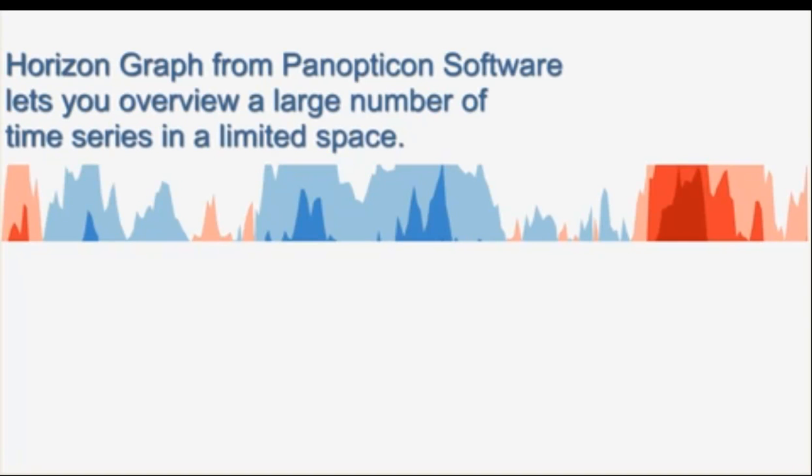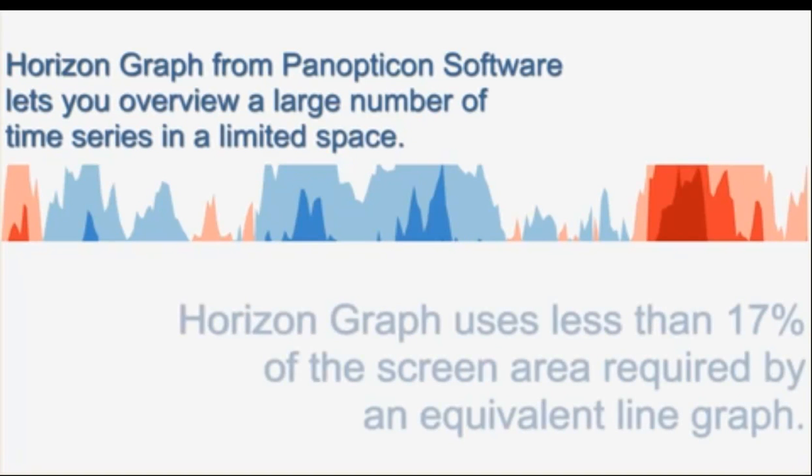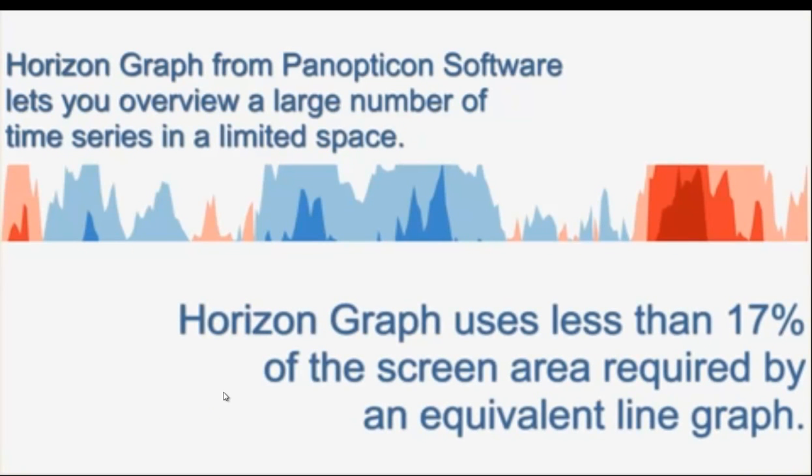Okay, so the idea of this is that it allows you to show more in a smaller space. So you can see, for example, in this region it was very positive. So you just look at the darker color to know what was happening there, I guess. Here you know in this region it was negative, and in this region it was very negative. Okay, so once you get used to it, you can read this, and it shows. You can see that this takes up a lot less space than the larger graph did.